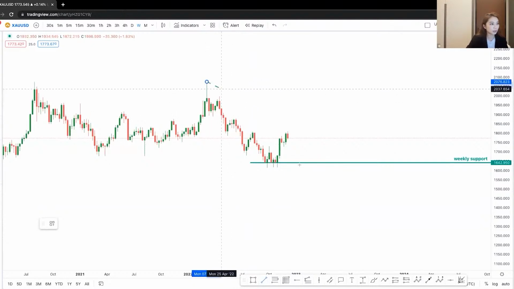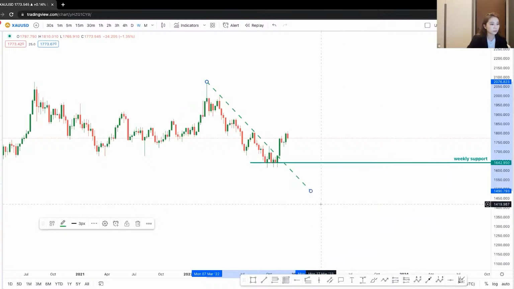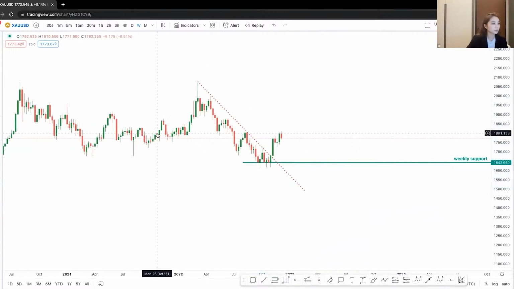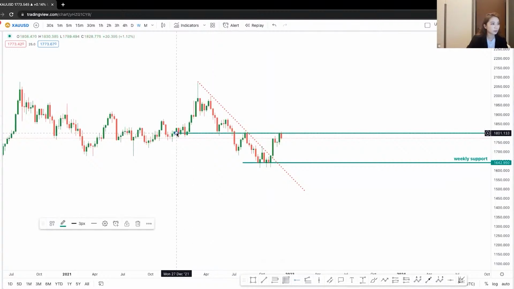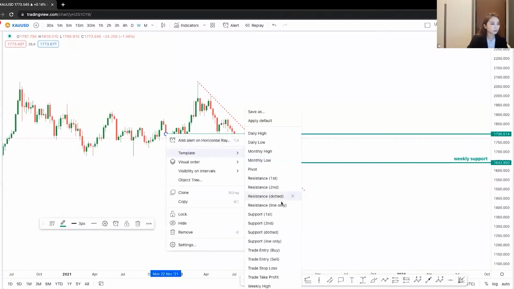Previously it was on a downward movement. Possible support and resistance blockage. So it's a support to resistance moment.